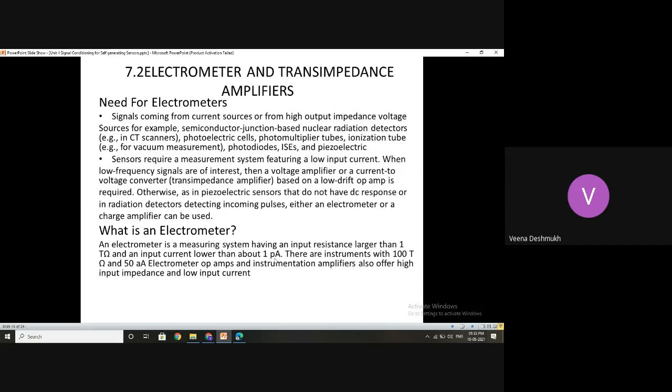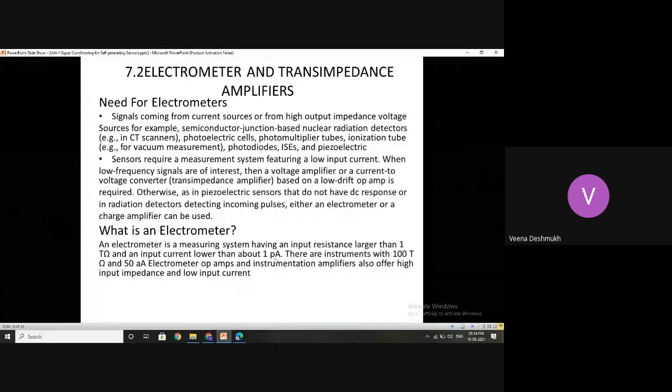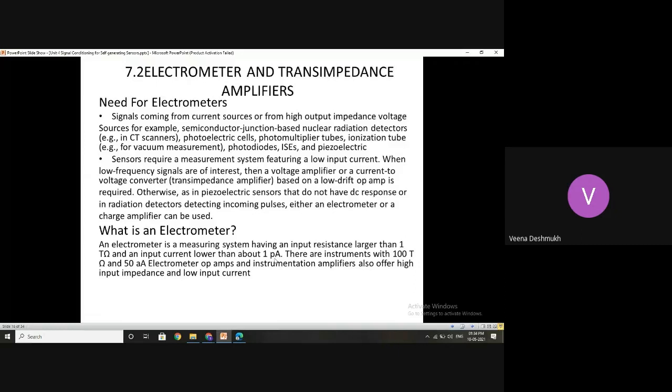Take for example your transistor CE configuration amplifier, where the input impedance is of the order of say 10 kilo ohm or so. Now, when this is of the order of kilo ohms, naturally the entire current flows in the form of IB and then gets amplified as IC.